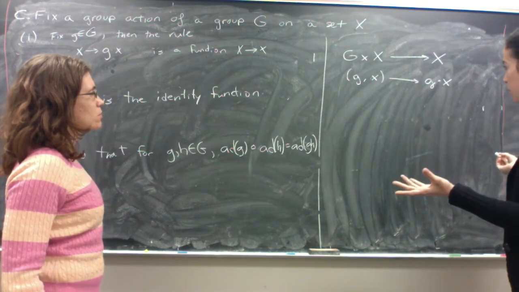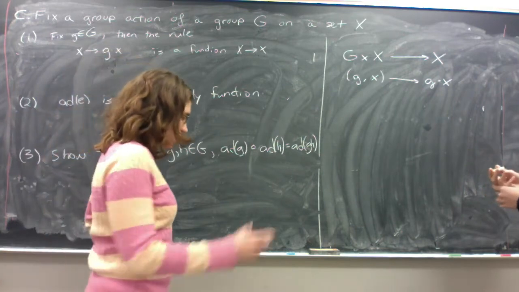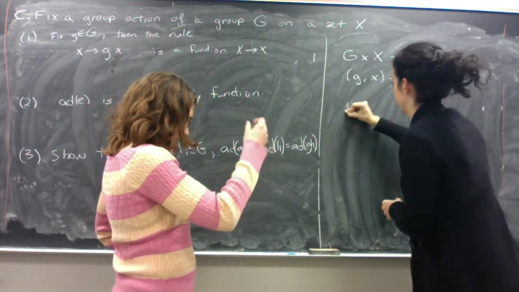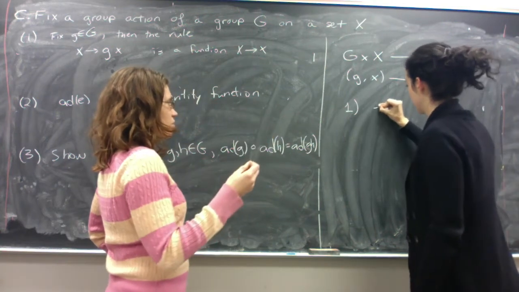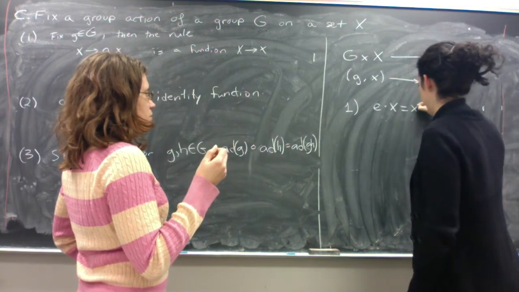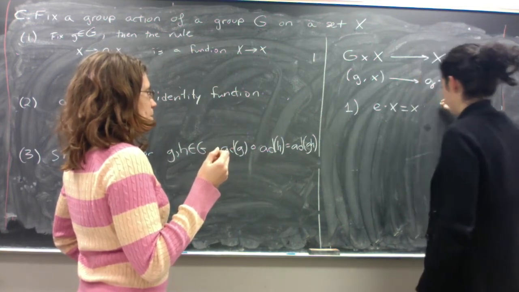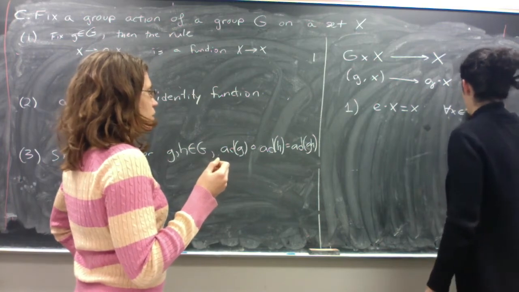And what were the properties that it satisfied? The first was that the identity acting on X just maps to X. So the identity leaves X unchanged. And this was for all X in the set.